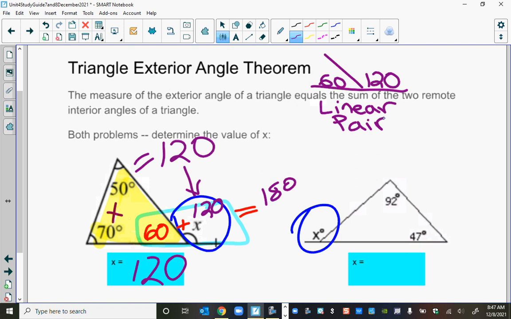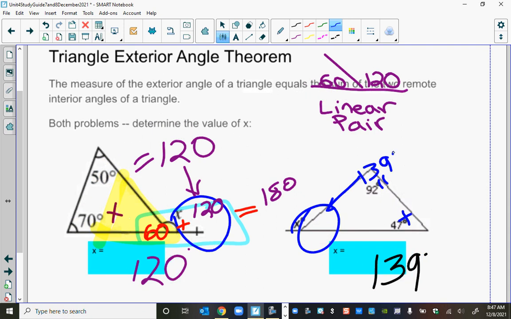Okay, what about down here? Anybody get an answer for the other x? 139. Good. 92 plus 47 adds up to 139, so 139 degrees. Even though we don't know this other angle, can we get that final angle?